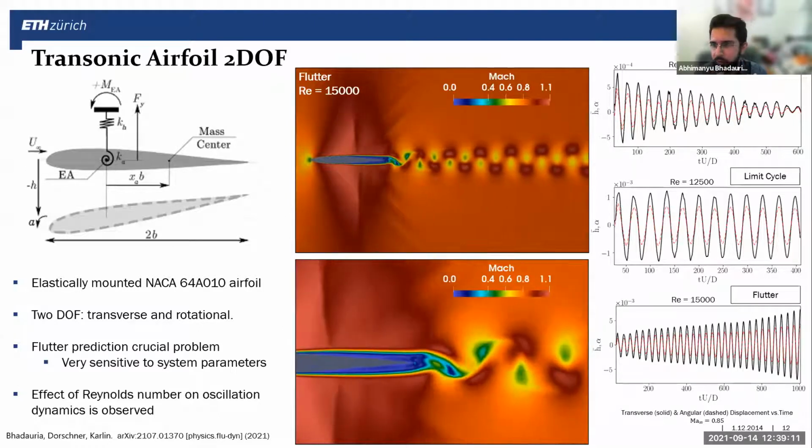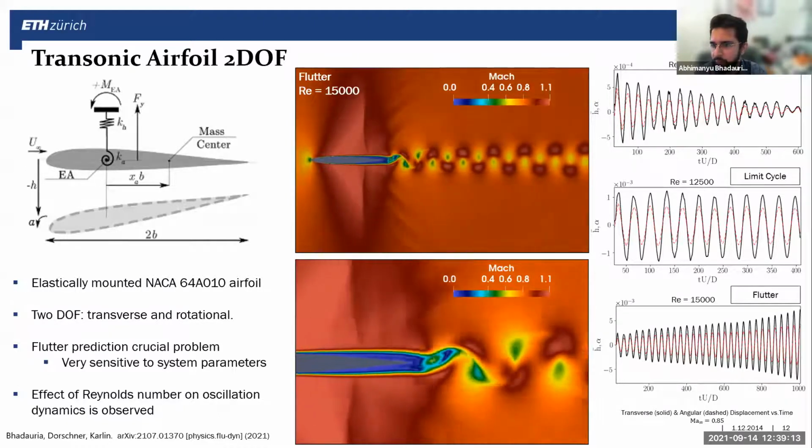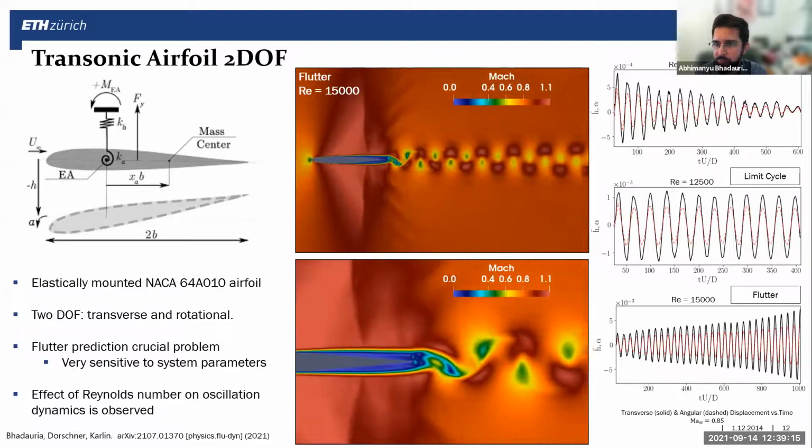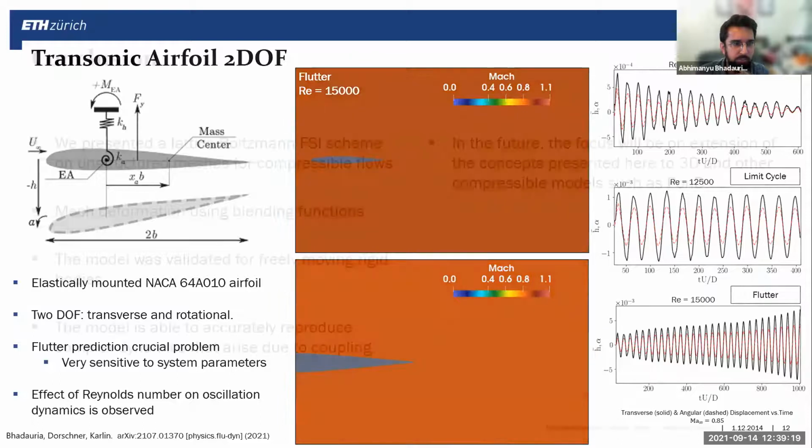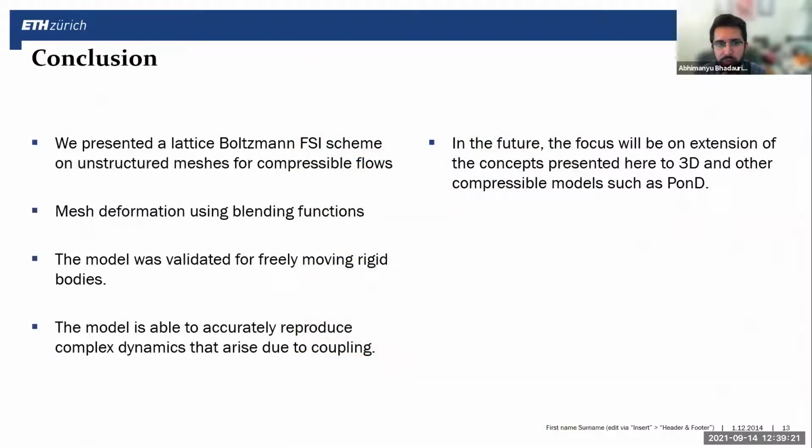But like I said, we see all the 3 regimes that are expected. And in the future work, we intend to extend this model to 3 dimensions, so we can test our transonic flutter simulations at representative Reynolds numbers.